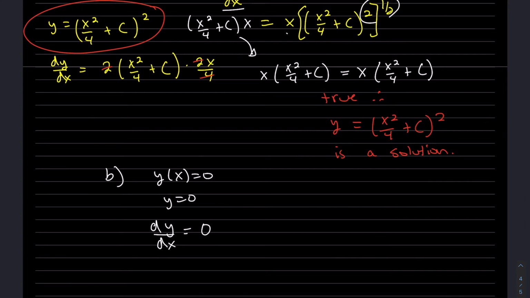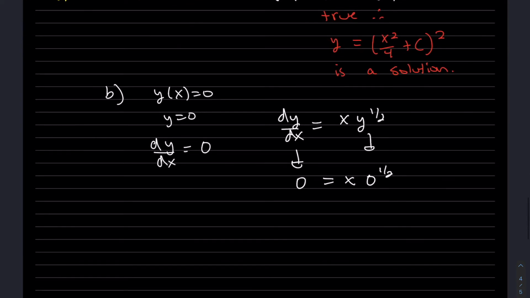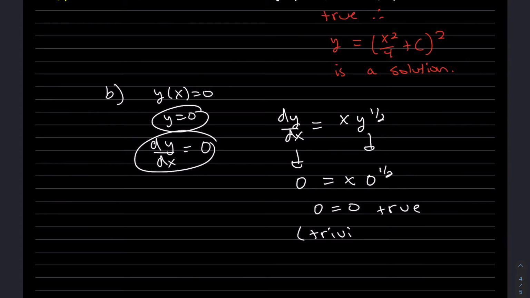So for this equation, let me write the equation, dy dx is 0, you plug in 0, and then we have 0 to the half power, because y is 0, right? So we get 0 equals 0, and that's true. We also call that our trivial solution. Our trivial solution is y equals 0.